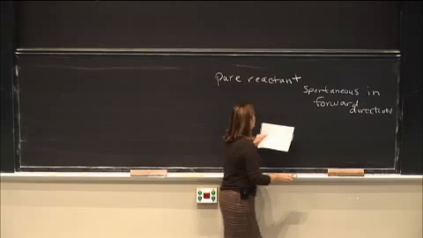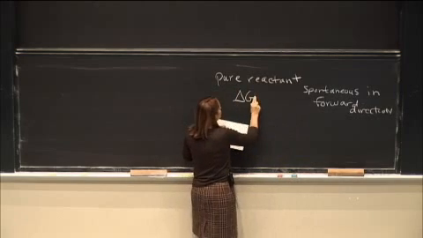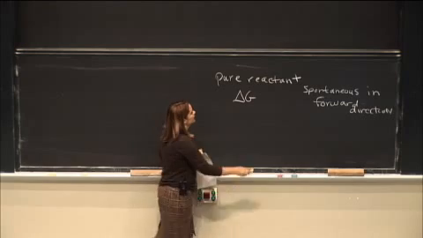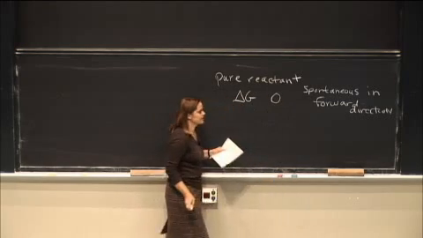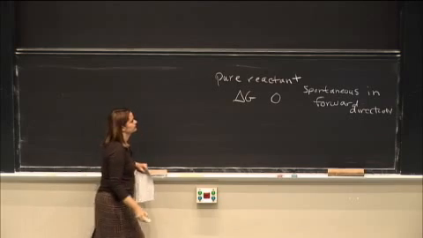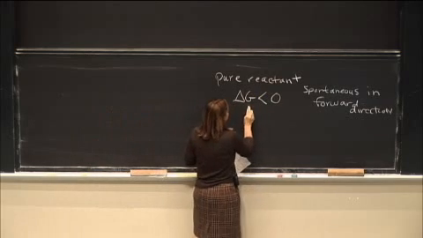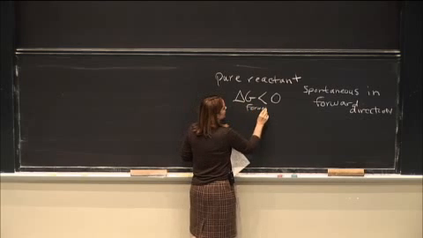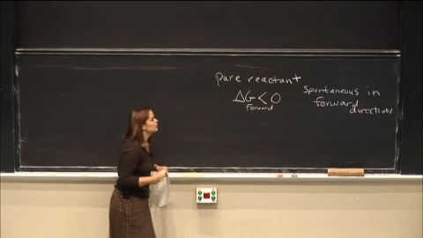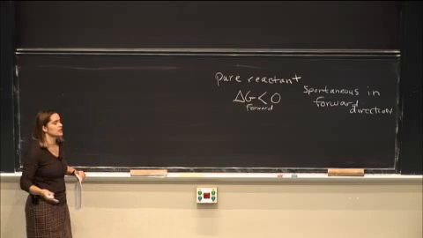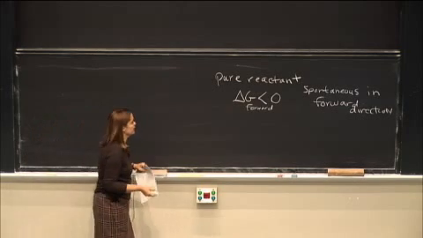And what will that mean about our friend delta G? Is it going to be greater or less than 0? So it'll be less than 0. So delta G of the forward reaction will be less than 0. So when delta G is negative, the reaction is spontaneous in the forward direction.